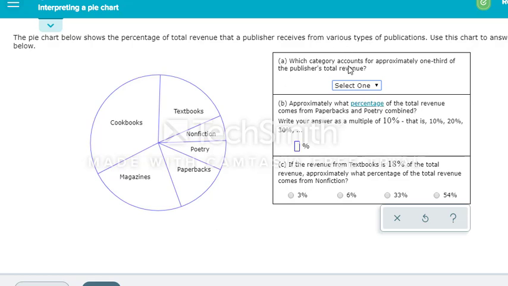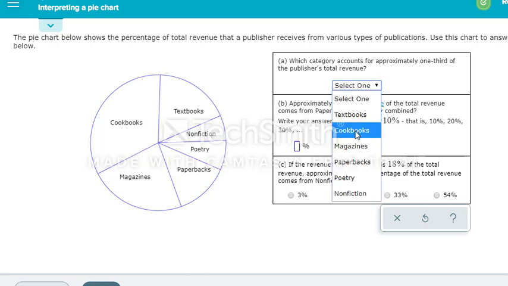Which category accounts for approximately 1/3 of the publisher's total revenue? 1/3 means if I divide the entire circle into three parts, it should be equal to 1/3. This looks like 1/4. This is bigger than 1/4, so that will be 1/3. So that is cookbooks.